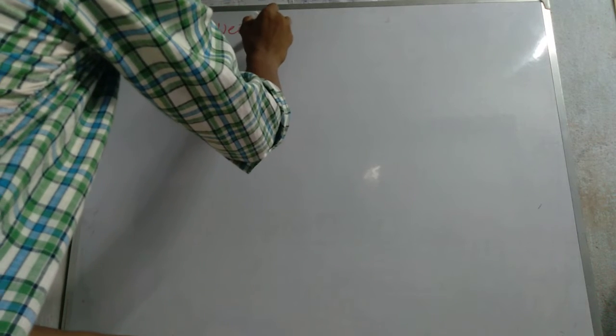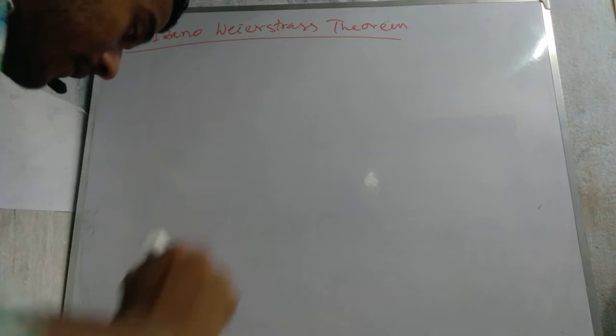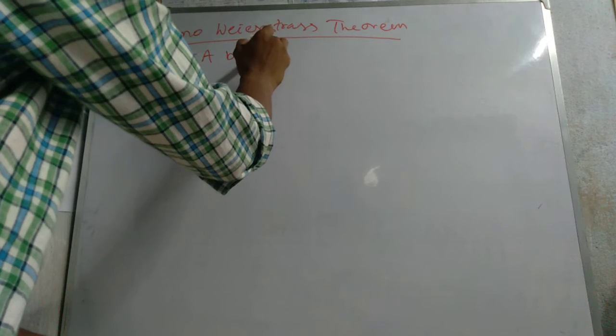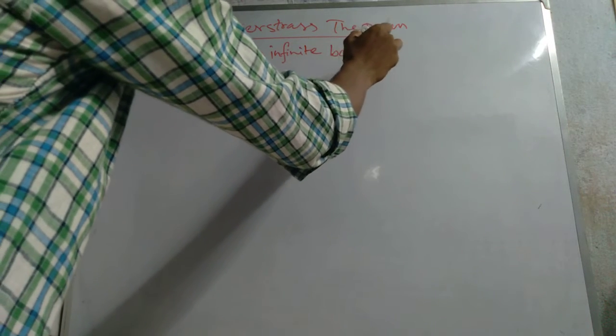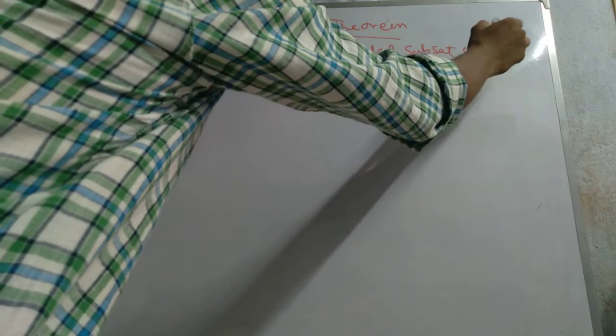Now we write the first statement of the Bolzano-Weierstrass theorem. Let A be an infinite bounded subset of R.